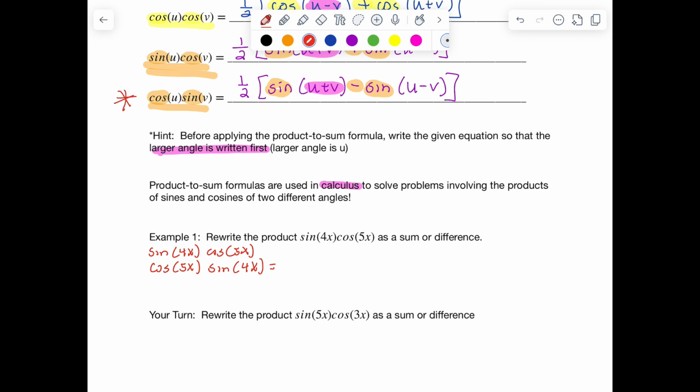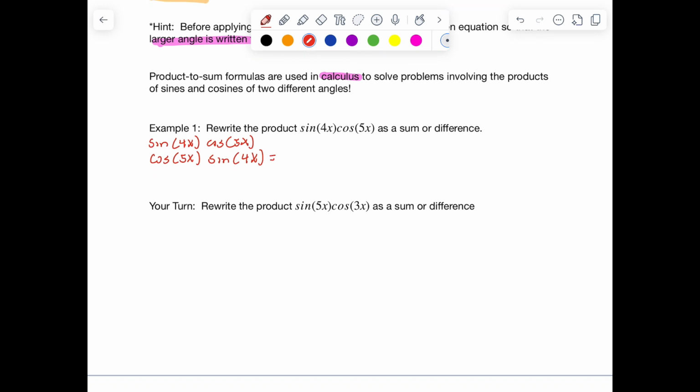Sine is going to be my trig function, and it's going to be a minus in between. So the formula I'm going to use is 1/2 times the sine of my 5x plus the 4x minus sine of 5x minus 4x.